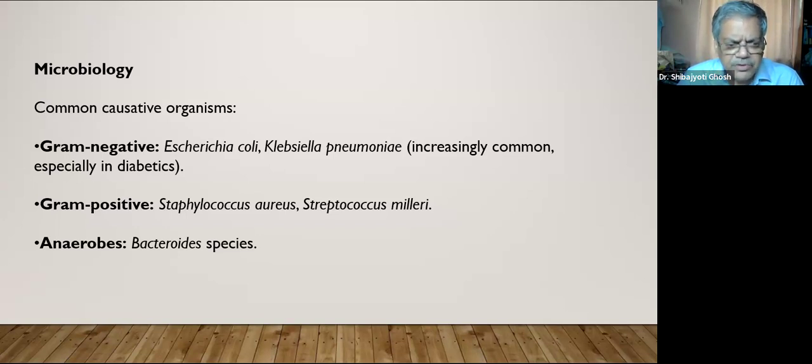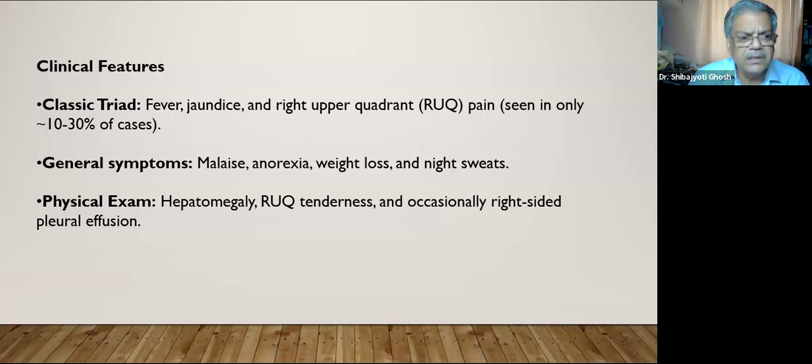Of the gram-positive organisms, Staphylococcus aureus or Streptococcus can also produce pyogenic liver abscess. And most of the time these are polymicrobial infections, so multiple bacteria are found in these liver abscesses.